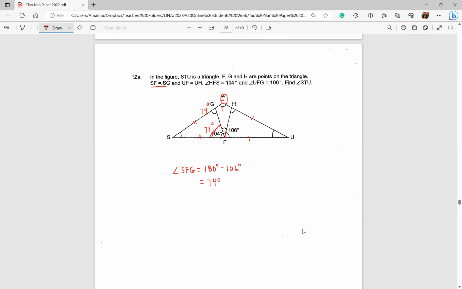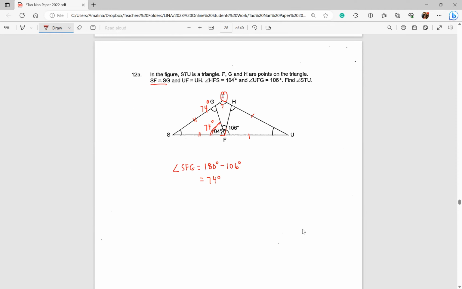It's an isosceles triangle. So I can find my angle GSF. Okay, so I take my 180 minus 74 minus 74. So I get my angle GSF 32 degrees.